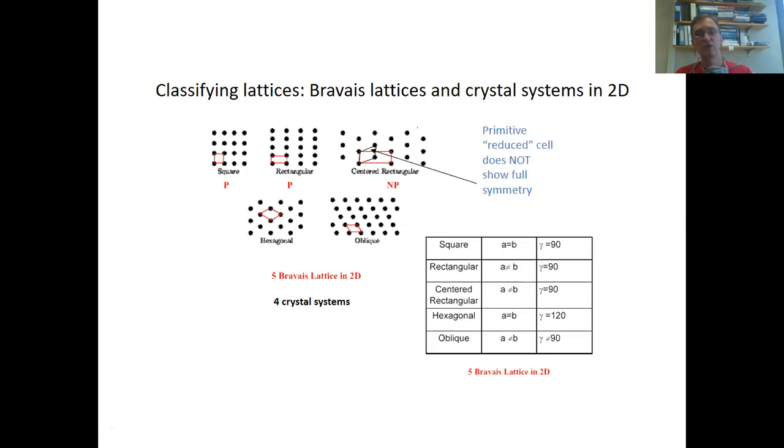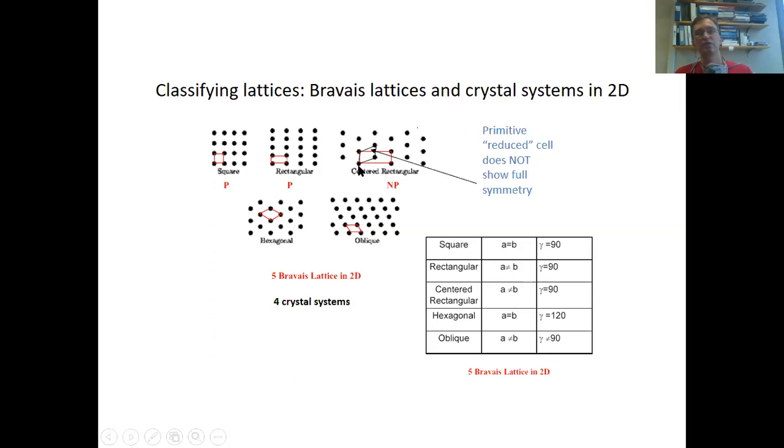So now when you look for the primitive cell, which represents the cell with the smallest volume, then you will find that it is defined by these 4 lattice points here. Okay, so is this the unit cell?